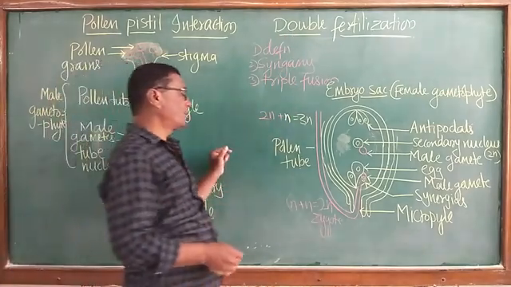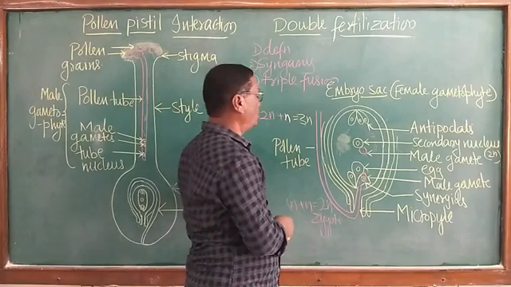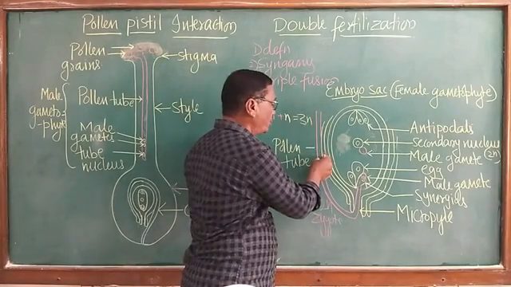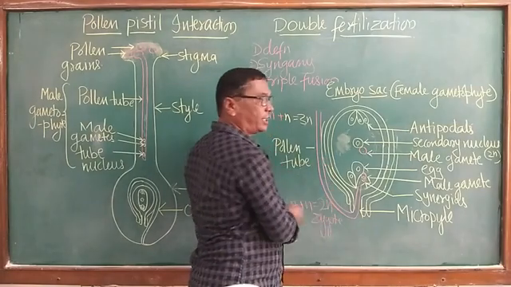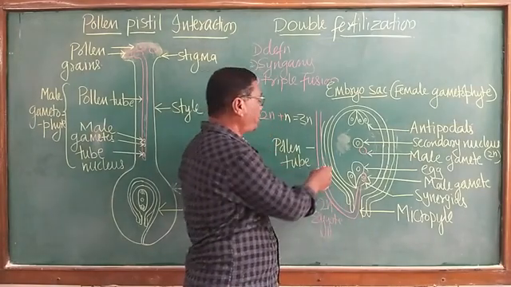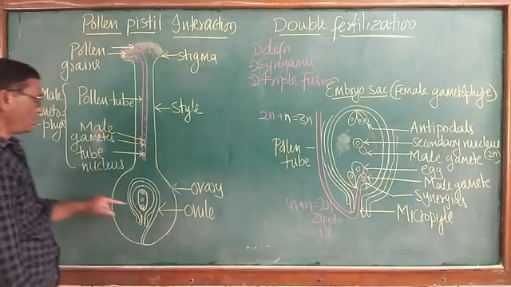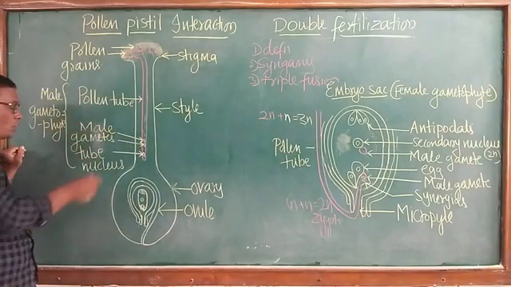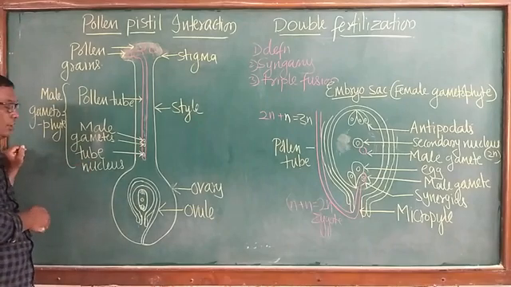So now, how is the process carried out? When the pollen tube containing the two male gametes enters the ovary, it enters into the ovule. How does it enter into the ovule?